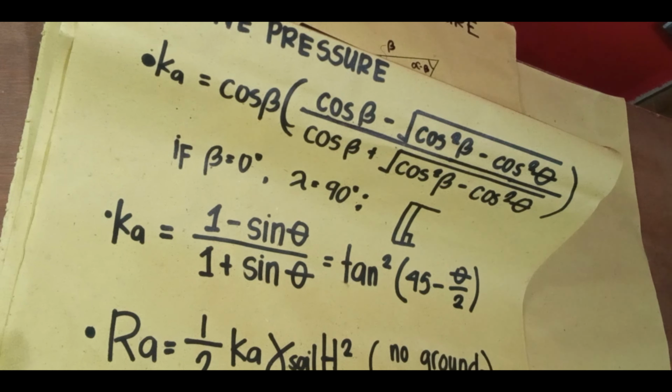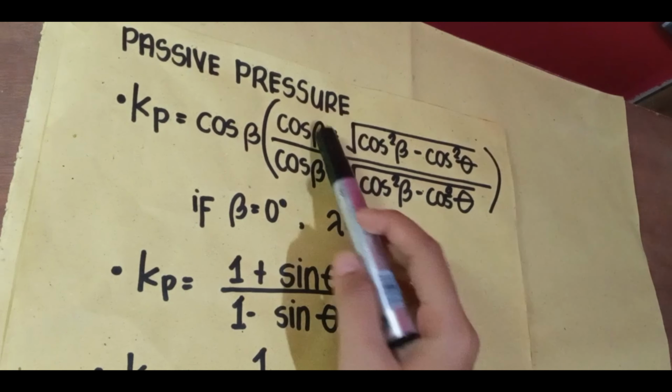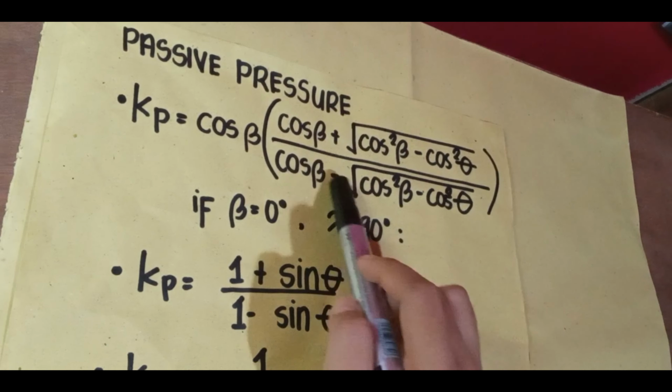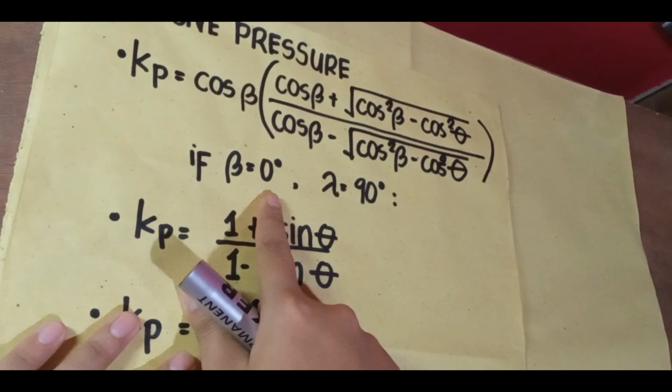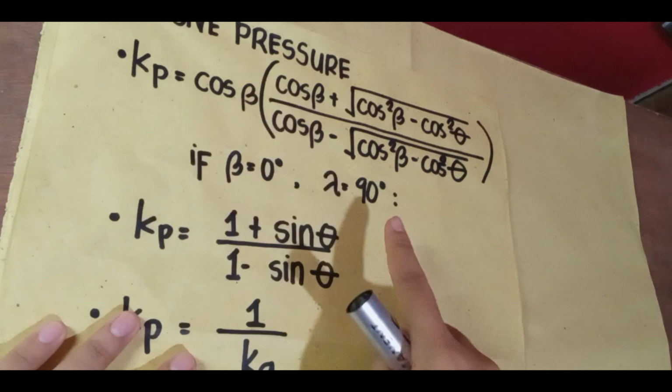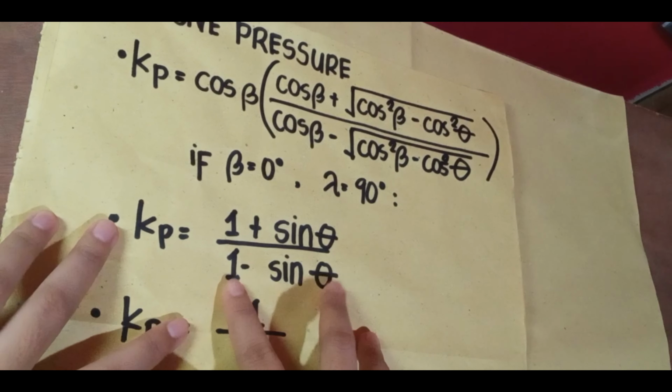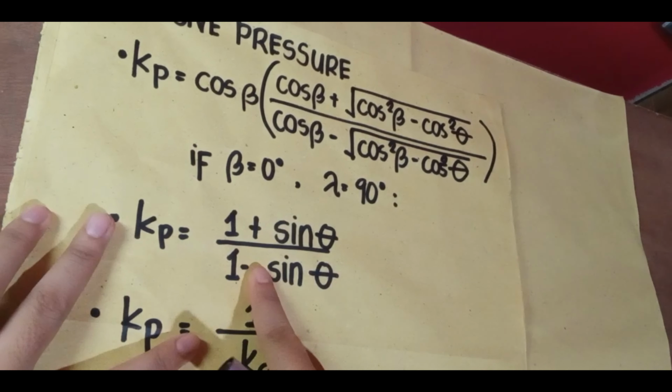So, let's proceed to passive pressure. The coefficient of passive pressure is just the reciprocal of the coefficient of active pressure, the difference being their signs. If beta is 0 degrees and lambda is 90 degrees, this is the formula, which is the inverse of the coefficient of active pressure.